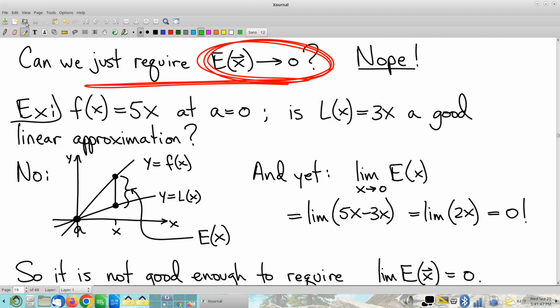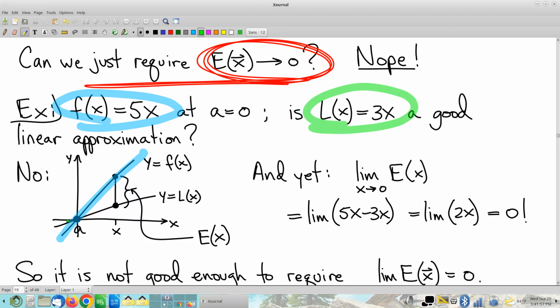Let's look at this function here, 5x. And now let's suppose somebody shows up with the odd suggestion that 3x is a good linear approximation of 5x. Right off the bat, let's just laugh that out of the room. Come on, it's ridiculous. The linear approximation of 5x is 5x. Of course it is.